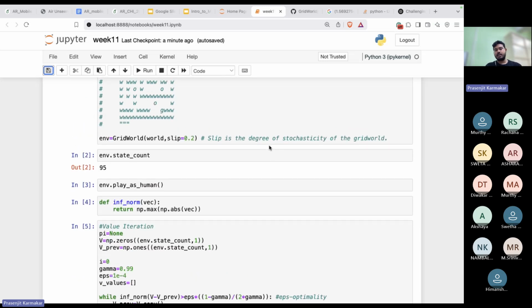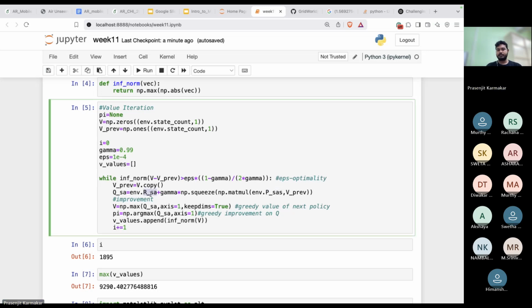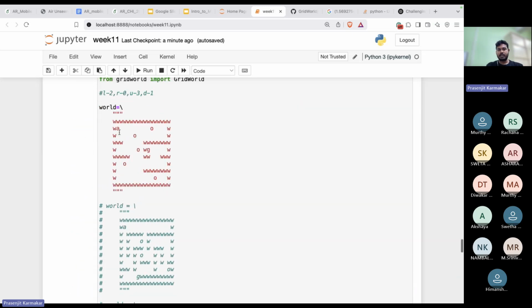Here we already studied up to model-based, when we have the PSA and RSA matrix. You can go check, like, play with these algorithms, right? You can easily compute this PSA and RSA matrix from any grid world using the library. You just have to provide a valid world representation.